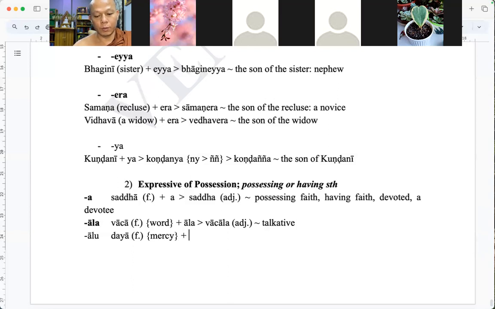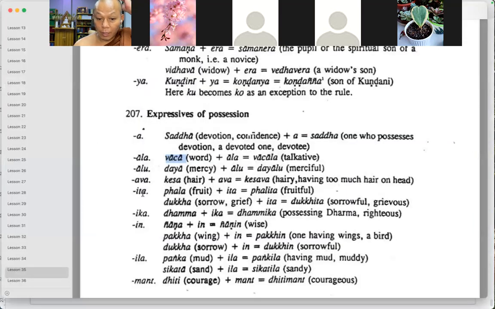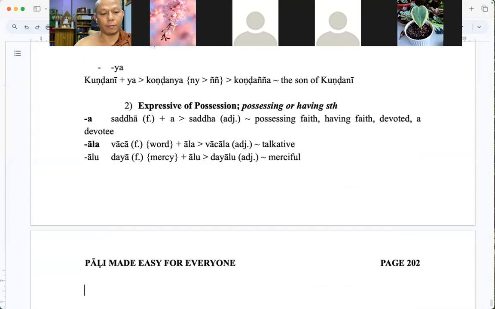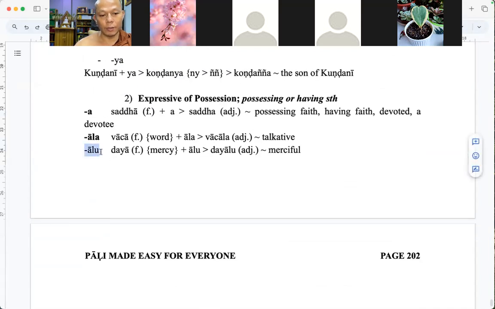And then the suffix alu. So we have dayalu. So that becomes the adjective. So dayalu, maybe merciful. Yeah, merciful. So that is the alu suffix.